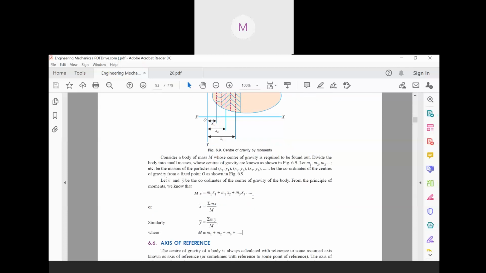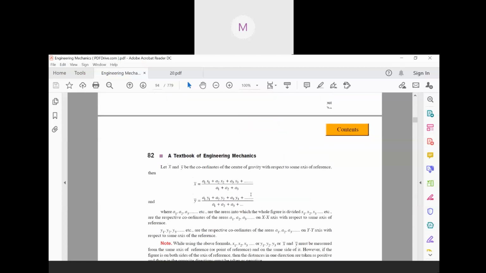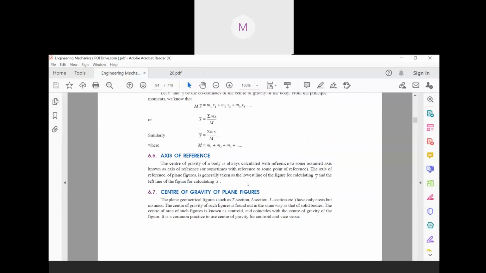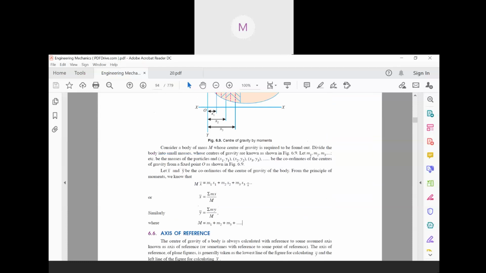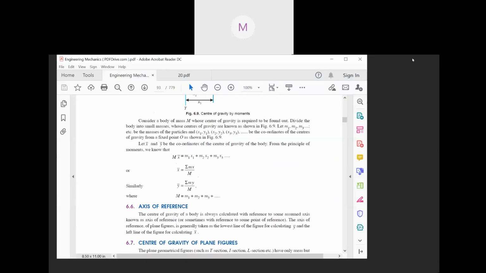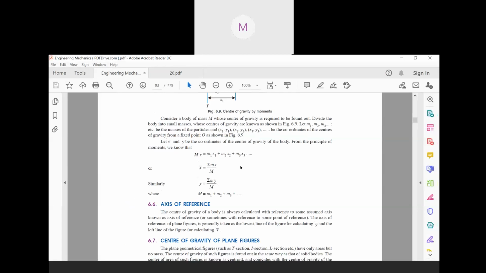So after that, we'll go to what? Axis of reference. So what is axis of reference actually? The center of gravity is always calculated on the basis of what? An axis of reference, which is an assumed axis, known as the axis of reference.